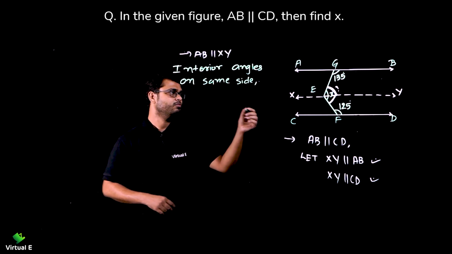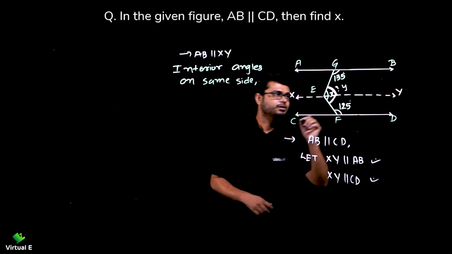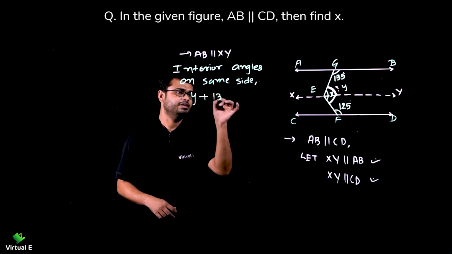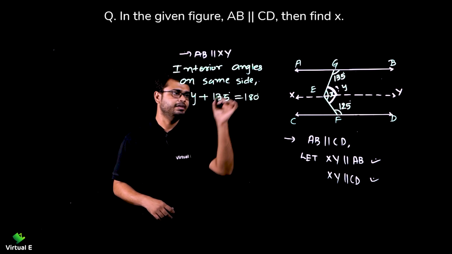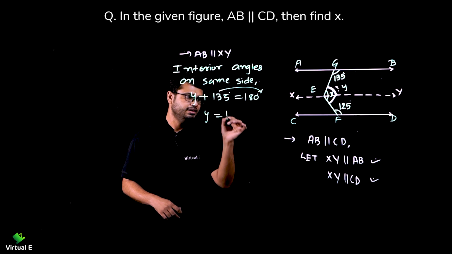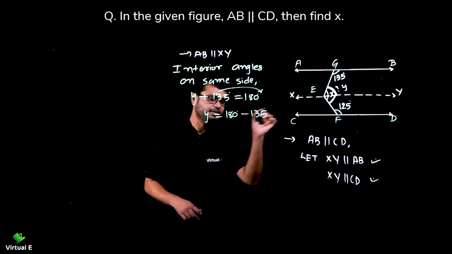Let's name this y. Okay, so we can write y plus 135 is equal to 180 degree. Let's shift 135 over there. So y is equal to 180 degree minus 135.